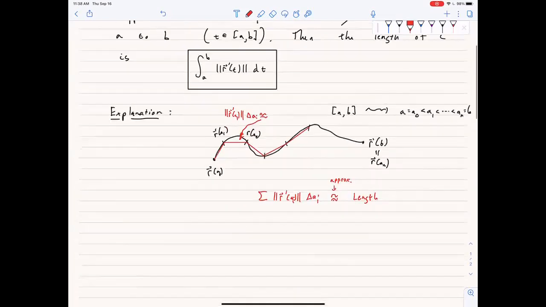And then the whole idea is, if we take the limit as these A i get closer and closer together, then what we're going to get by definition is the integral. And that will give us a precise value.